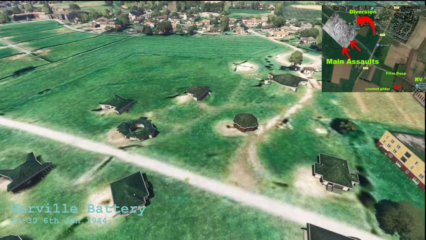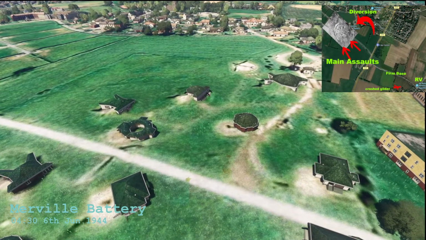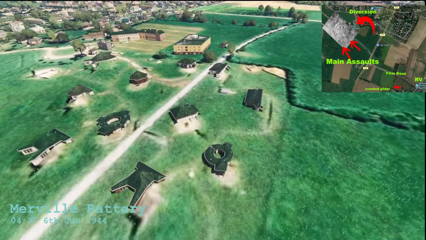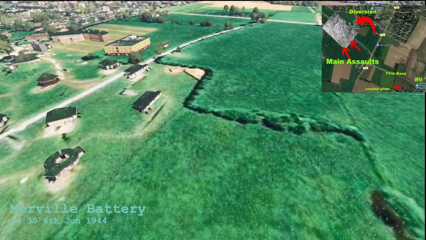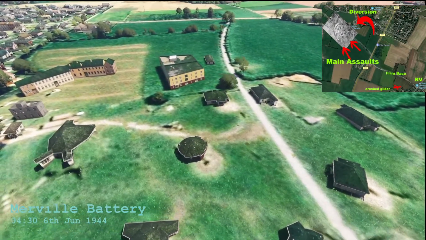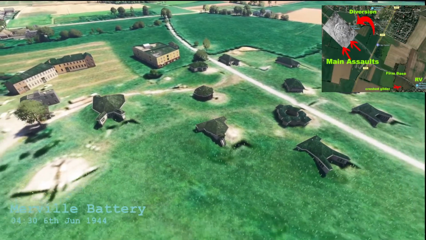He reports that there's machine gun fire coming from a tower that he had to keep running, moving around and avoiding.